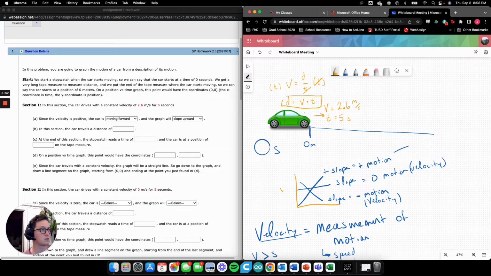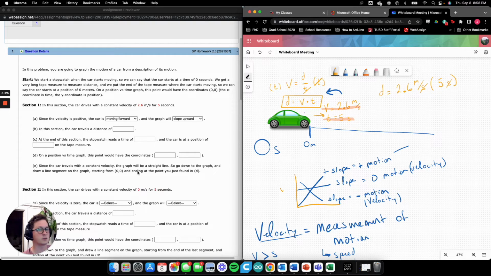Okay. So take these numbers and plug them into that equation, and we will end up with d is equal to 2.6 meters per second times 5 seconds. Okay, the seconds cancel out because there's one on top of a fraction and one on the bottom. 2.6 times 5.